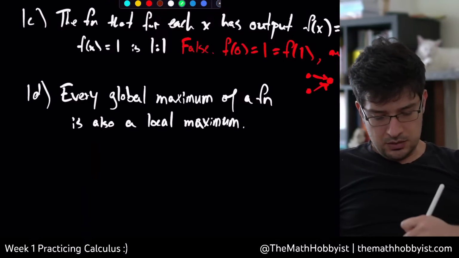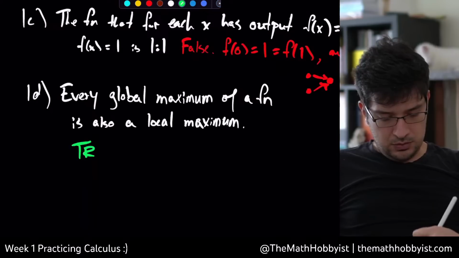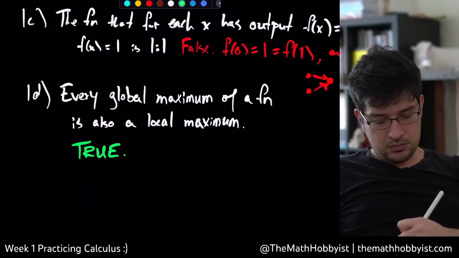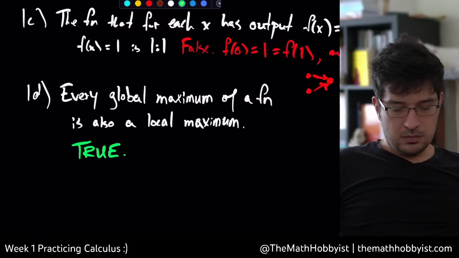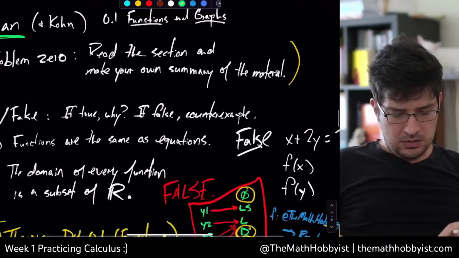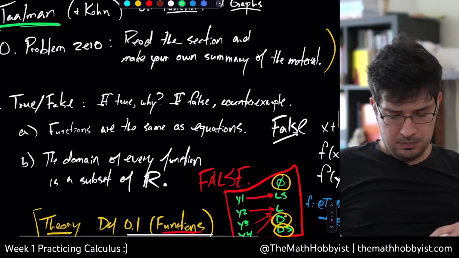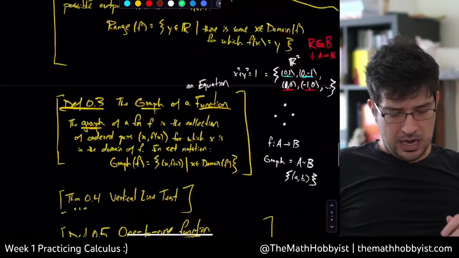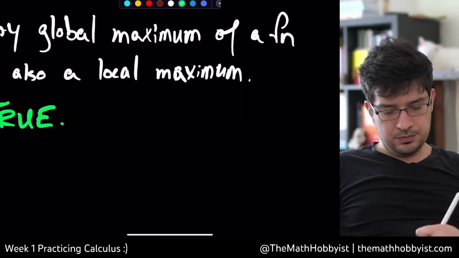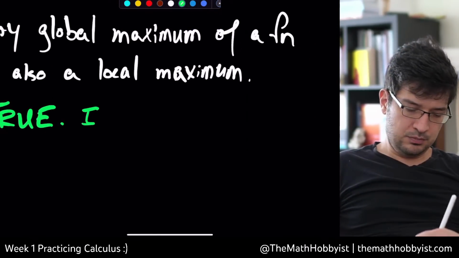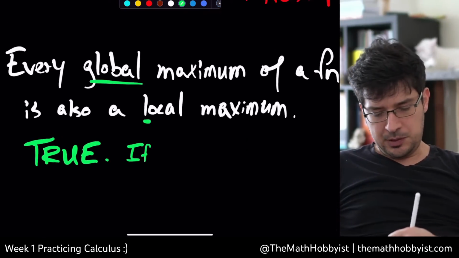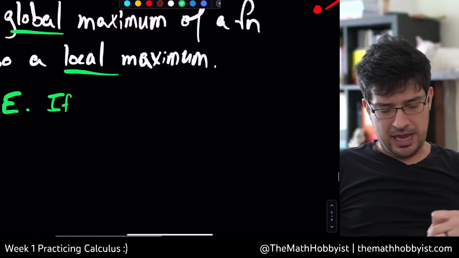That is true. So explain why, is how they put it, right? If true, why? We need to know what a global maximum is as opposed to a local maximum.